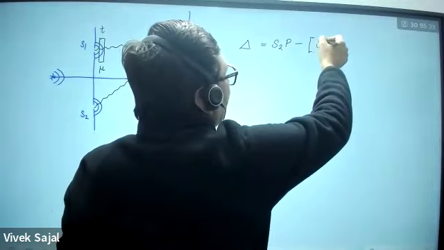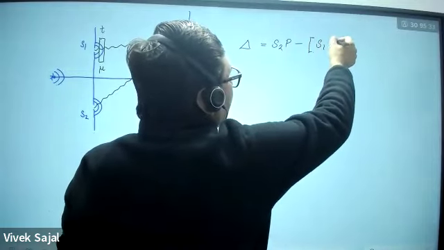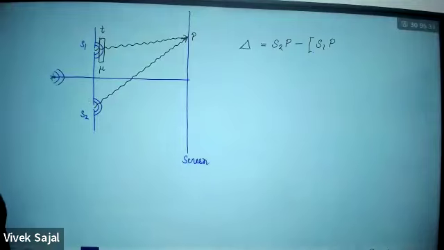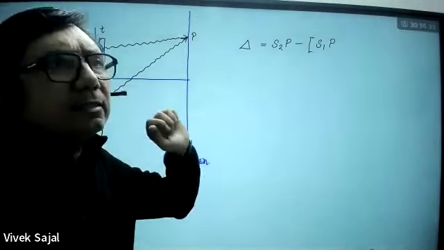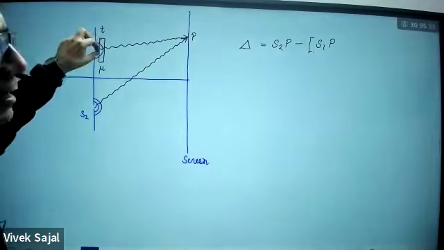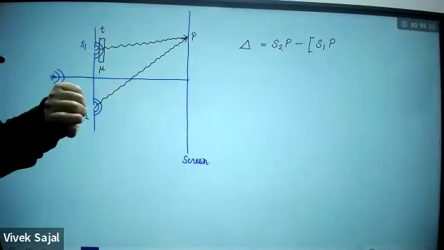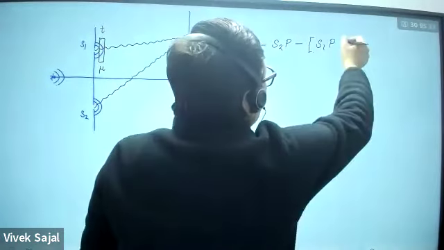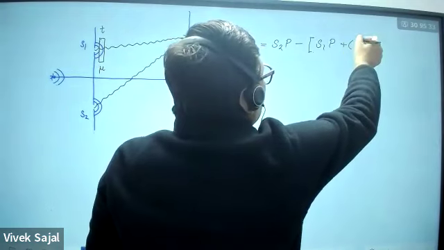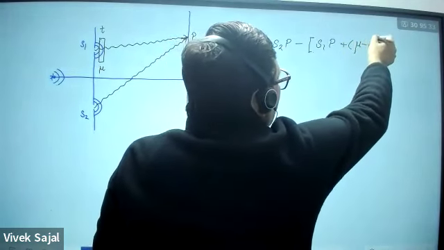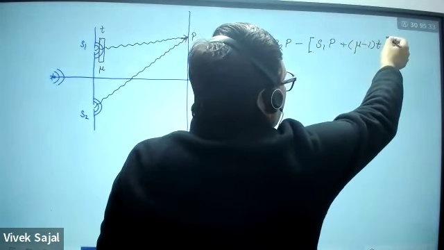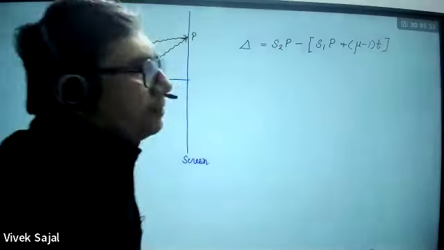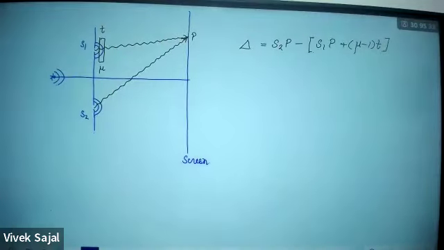Before introducing the glass plate, light was traveling this distance in the air, but you have introduced this glass plate of thickness T. So how much extra path will be introduced by this glass plate? This will be mu minus 1 into T. This is the extra path length introduced by the glass plate.